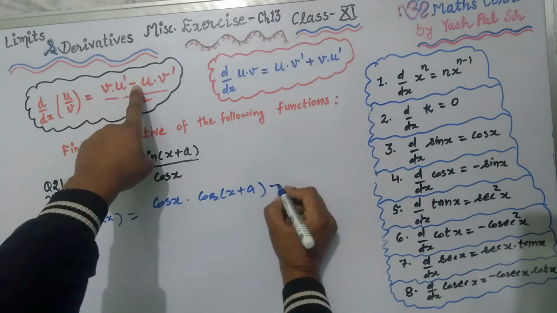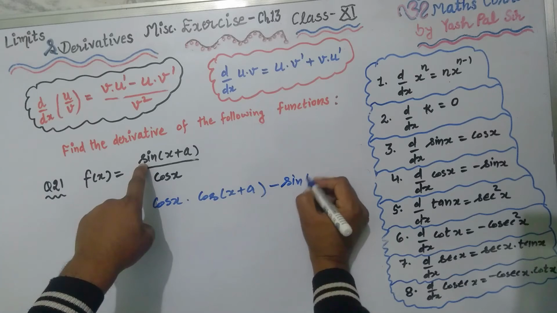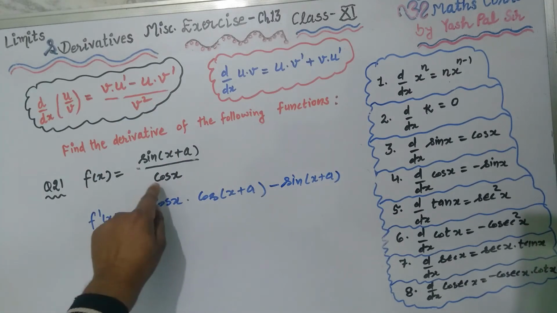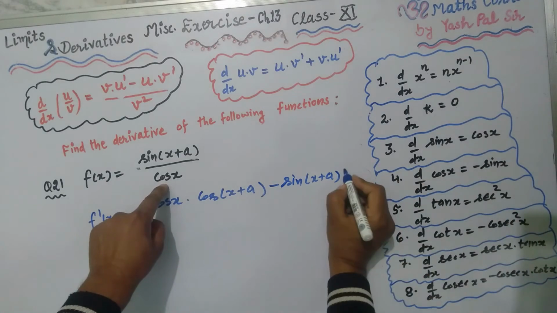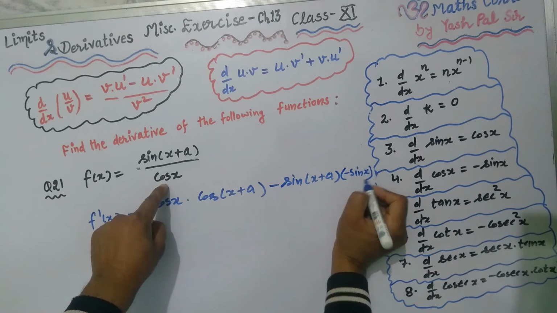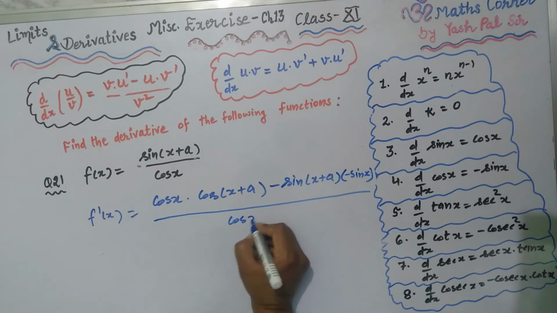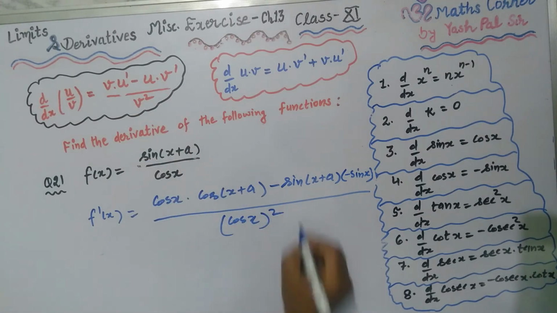Next is minus u, sin x plus a, into v dash, v is cos x, derivative minus sin x, whole divided by v square, cos x whole square.